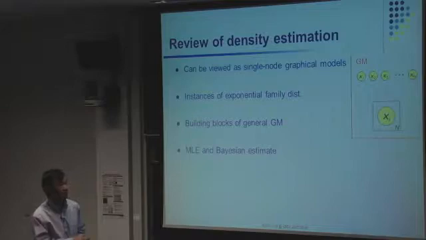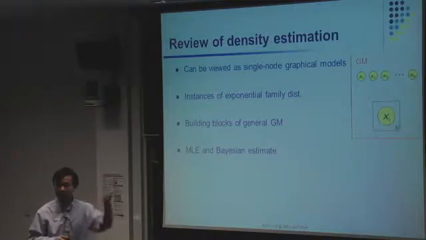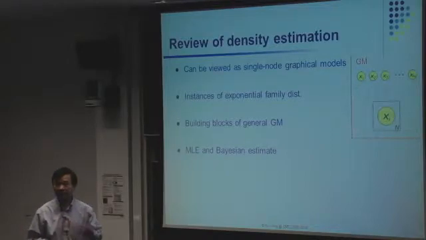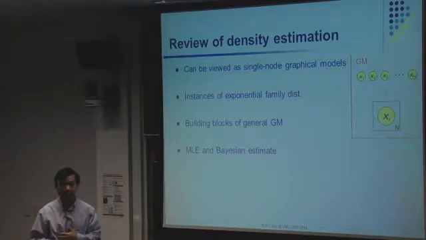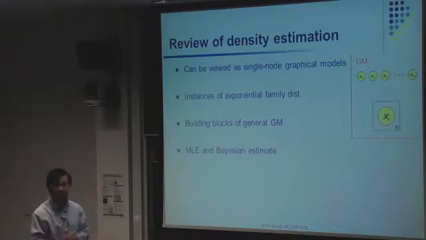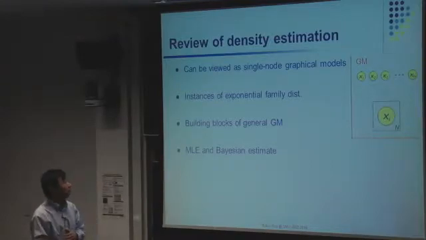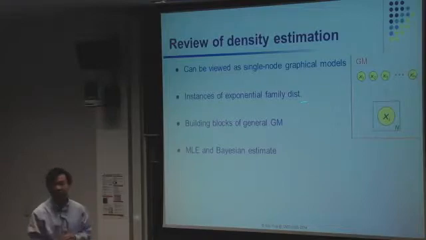The smallest piece is just a single random variable, which is just the parent, the root of a graphical model. And remember in last lecture, we said that there are canonical ways of parameterizing that. This is equivalent to a density estimation, right? And the kind of densities that we use to play with are all members of an exponential family distribution.